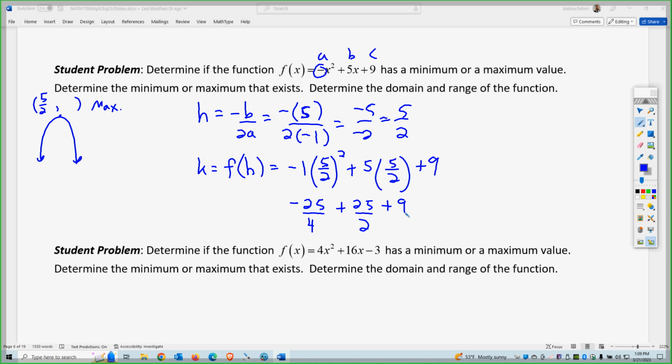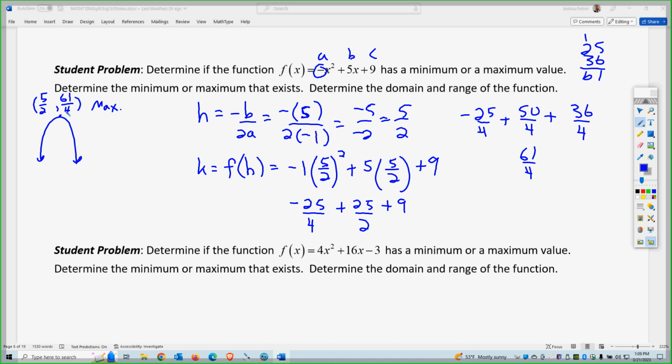So you need to make common denominators. So negative 25 over 4 plus 50 over 4. So if I times it by 4, I get what, 36 over 4? So what I really have here is 25 plus 36. That's what, 61? So 61 fourths. Okay. So 61 fourths is the max.